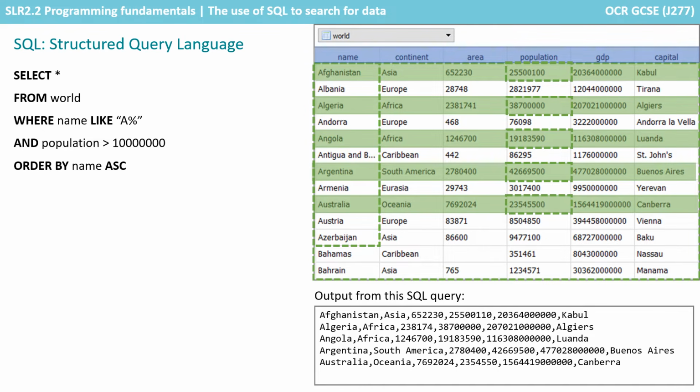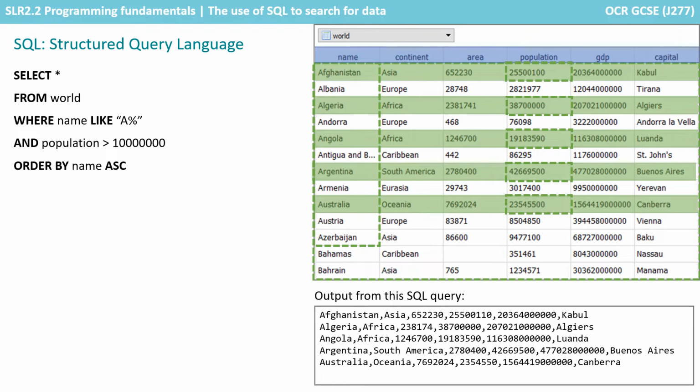It means any string in the name field which starts with a capital letter A and then has any sequence of characters following it. So currently we're going to be returning fields that have Afghanistan, Albania, anything that starts with an A, and we've highlighted those in the table with a dotted box.